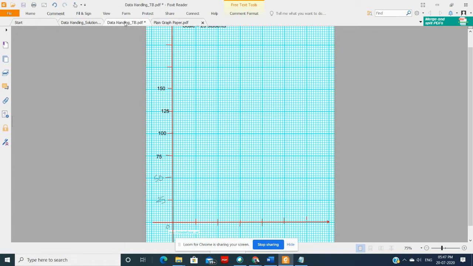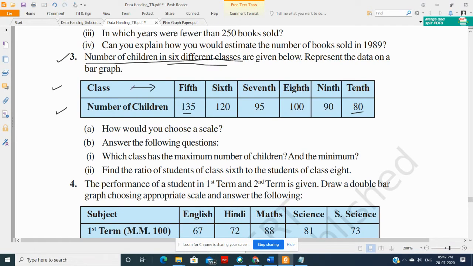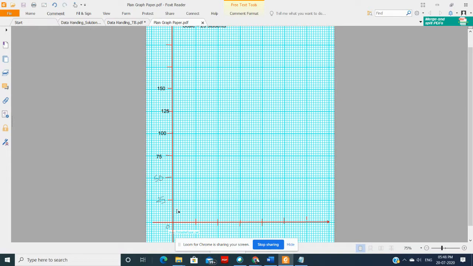Now coming to the x-axis. The x-axis are standards, that is classes: 5th, 6th, 7th, 8th, 9th, and so on. So I'll just write down here, it is 5th. I'll just leave one gap and then I'll write 6th. Again, I'll leave one gap and I'll write 7th.